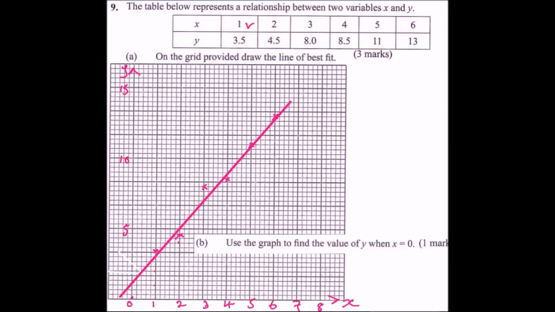So it passes near 1, and therefore we say that when x is equal to 0, y is equal to 1, and because we cannot be very accurate, we say it is 1 plus or minus 0.25. And that's how you do that question to earn yourself 4 marks.